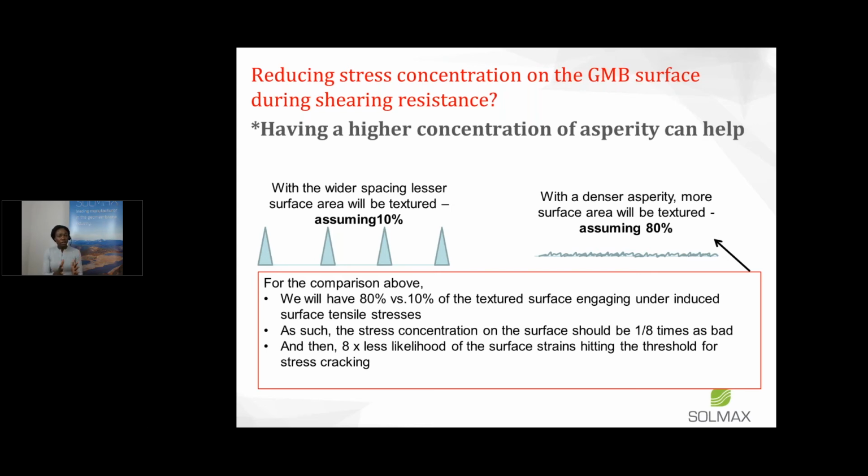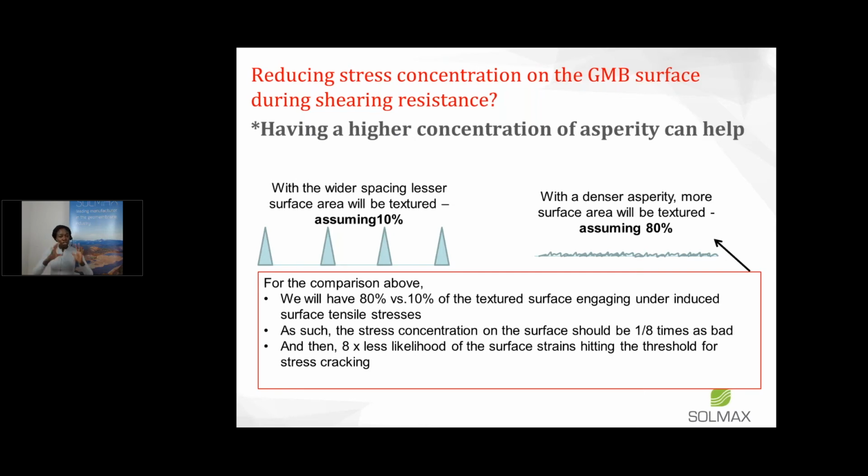I have a schematic there on the screen where the asperities on the geomembrane surface are further spaced apart. That's the one on the left, so assuming 10% is what's covered. And then on the right, I have a situation where the asperity is denser, so let's assume it's 80% that's covered.